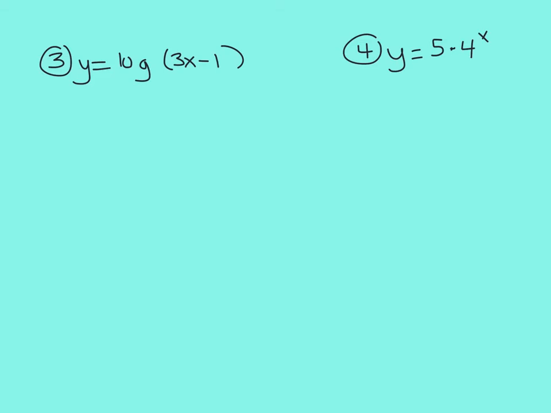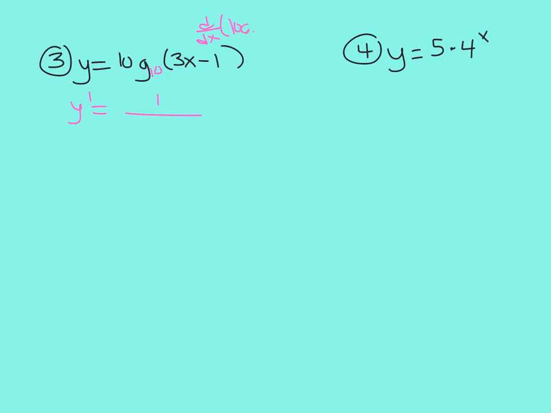For 3 and 4, these types of problems are less common, but that doesn't necessarily make them any less important. For number 3, I want you to notice that this is what we call the common logarithm. Since I have no base listed, it actually has a base of 10. So when I find my derivative of that, remember the derivative of log is 1 over x times ln of the base.